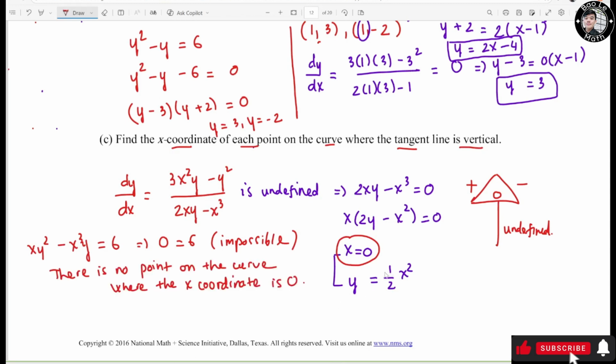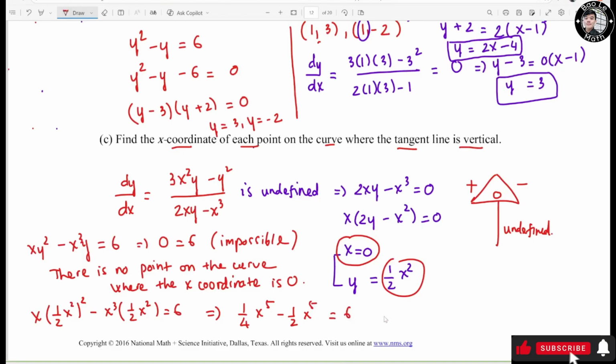Now I'm going to substitute 1/2 s squared for y into this equation. I have s times 1/2 s squared all squared minus s cubed times 1/2 s squared equals 6, right? So it's going to be 1 over 4 s to the 5th minus 1 over 2 s to the 5th equals 6, right?